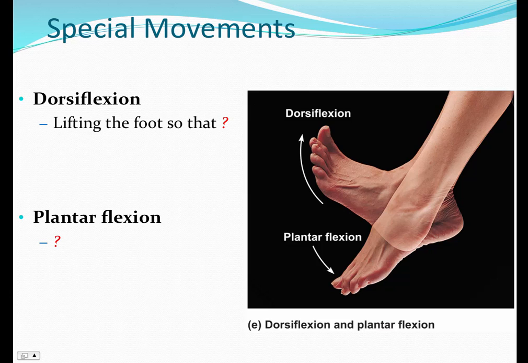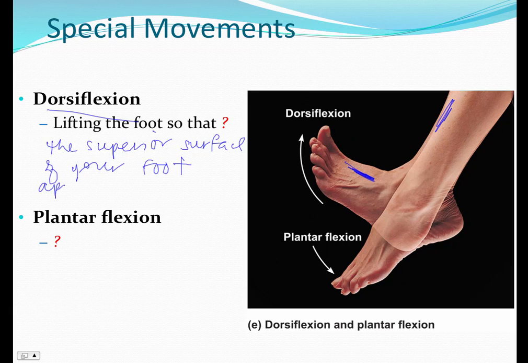Now I want you to stick your leg out and then point your toes towards your shin, and this is called dorsiflexion. So lifting your foot so that the superior surface approaches your shin. And this is opposite to plantar flexion, in which case you're going to depress your foot and point your toes towards the sole of the foot, so towards the floor.